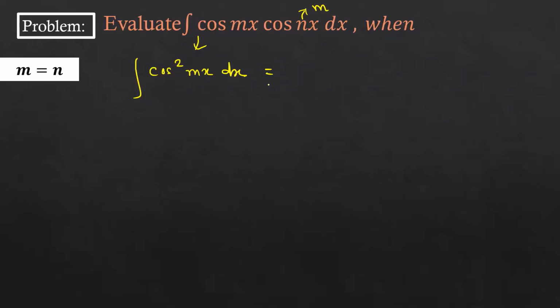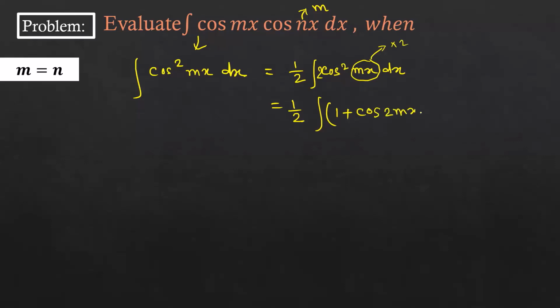Tell me, what do you have to do? 1 by 2 into integration of 2 cos square mx dx. That means 1 by 2 integration of, what is the formula for that, 2 cos square mx is 1 plus cos 2mx, dx.